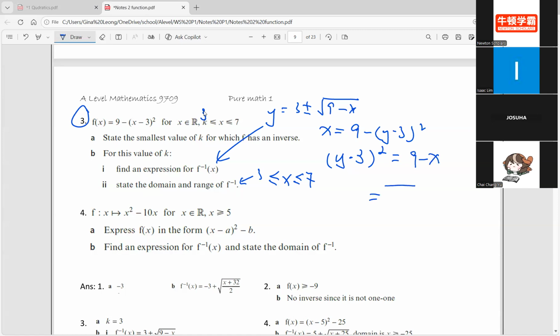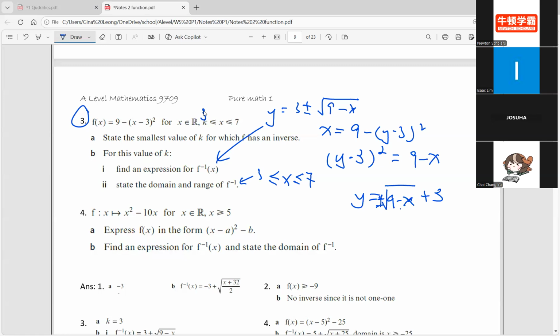So you move here, it should be square root 9 minus x plus 3. Correct, right? Then you got plus minus here. It's 9 minus x, x minus 9 cannot. When you move this one by one, you should get y equal to plus minus square root 9 minus x plus 3.